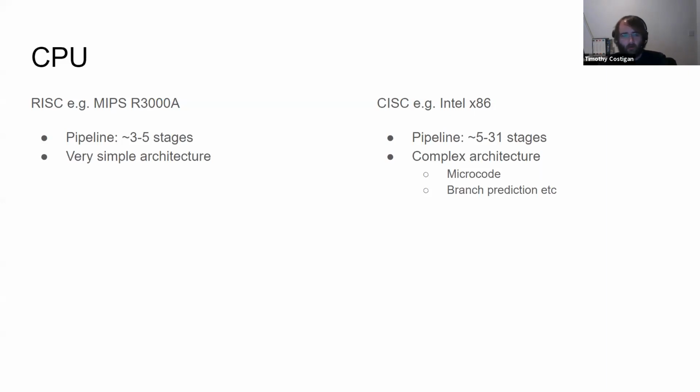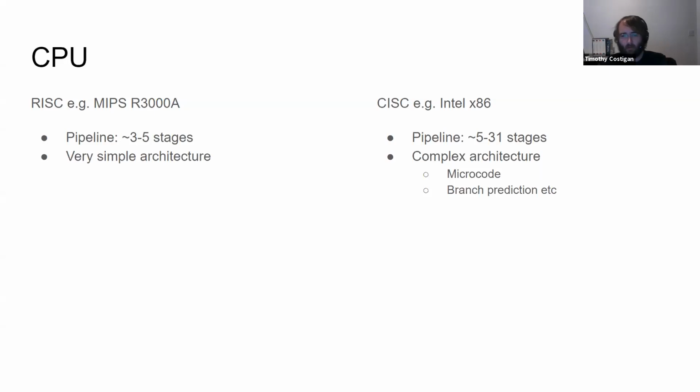If you are doing low-level cycle accurate emulation, this would be quite significant because the complexity of the processor can be quite considerable, and the difference is quite considerable between them. So RISC computers typically have a very small pipeline and quite simple architecture, while the CISC processors, although more recently, have started going to much smaller pipelines.